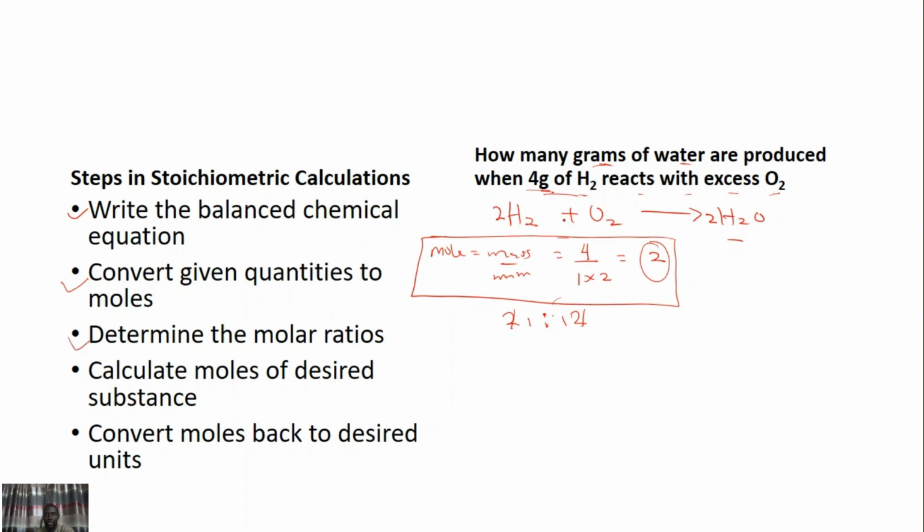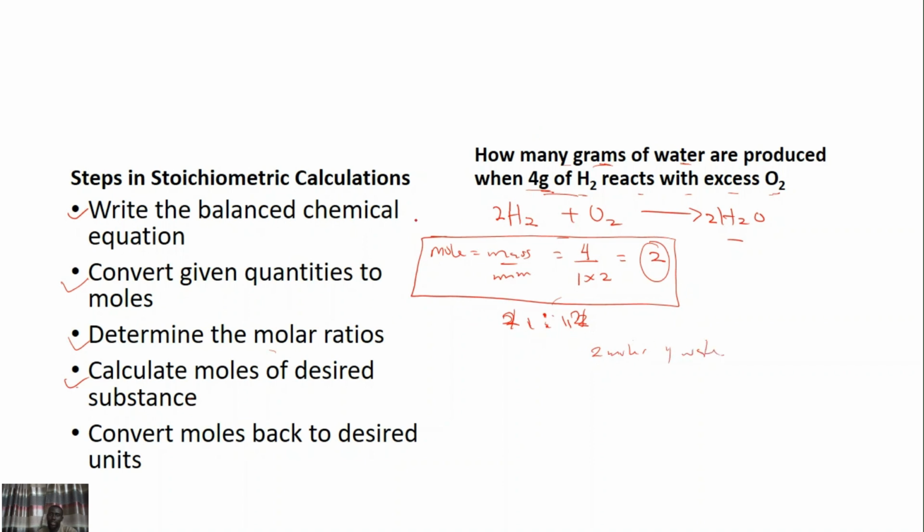The molar ratio in the reactant is 2 to 2, which is 1:1. Now they say calculate the moles of the desired substance. The mole of the desired substance that will be given, since we have 2 moles of hydrogen, will be 2 moles of water.